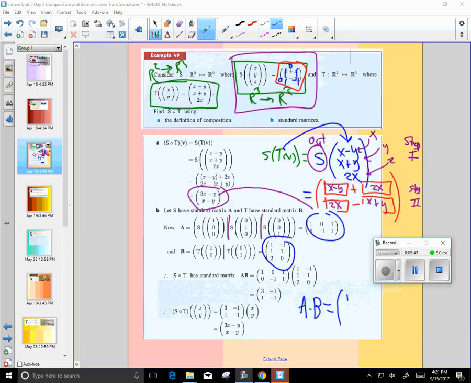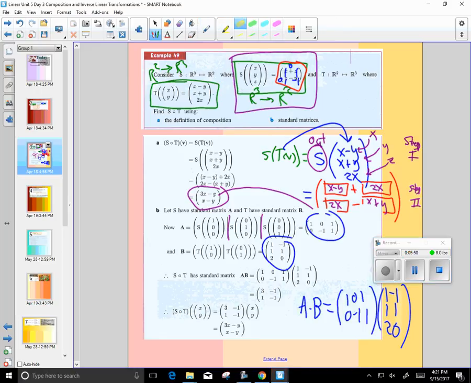You take 1, 0, 1, 0, negative 1, 1, multiply it by 1, negative 1, 1, 1, 2, 0, and you're going to get rows by columns. Let's just walk through it real quickly here. 1 times 1 is 1, plus 0 plus 2 is 3.